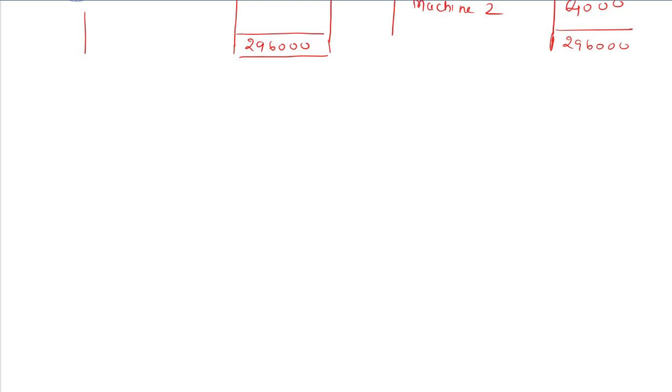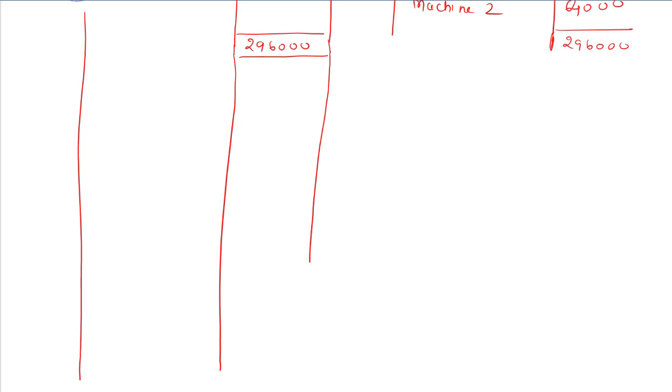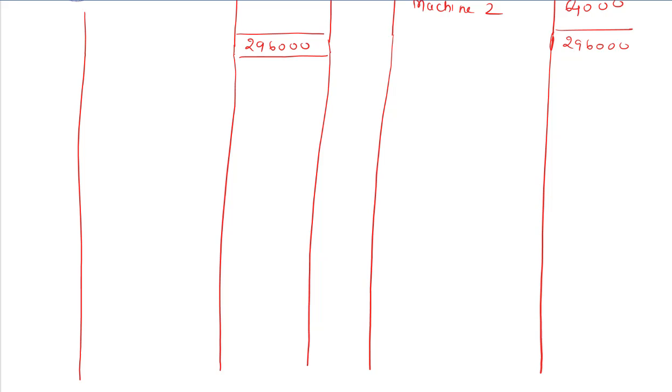The third year, stretch these lines and we'll be doing the accounting for the third year. So 1st of April 2017, the opening balance.